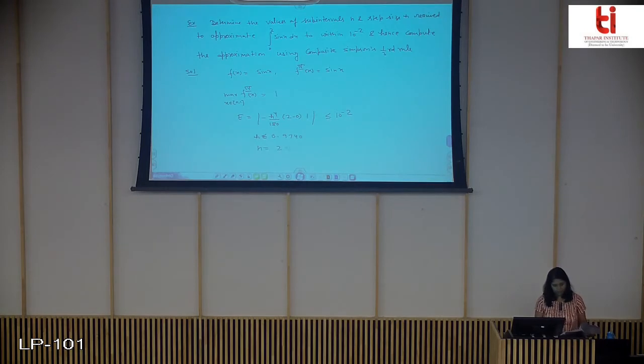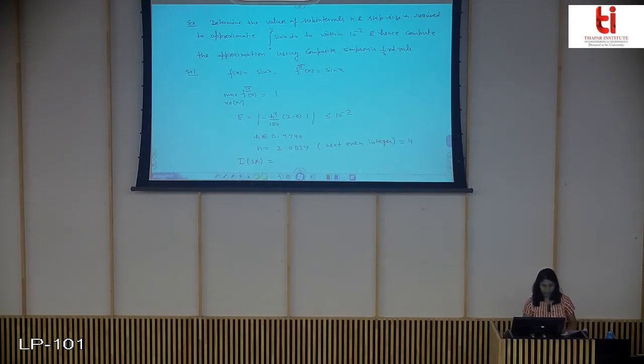It is 2.0534. Since the value we are getting is 2.053, we'll take the next even integer. This is the important thing, because the value is coming out more than 2. So the next even integer, n, will be what in this case?